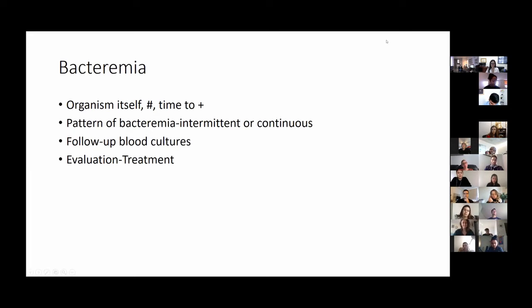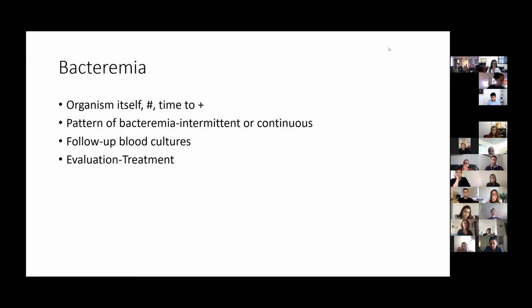The pattern of bacteremia, whether it's intermittent or continuous, because that tells us a lot about what the complications may be. I think a lot of you ask when we need to follow up blood cultures, so we'll address that. And then we'll look at some specific organisms in terms of how we evaluate their risk for complications and how to treat them.